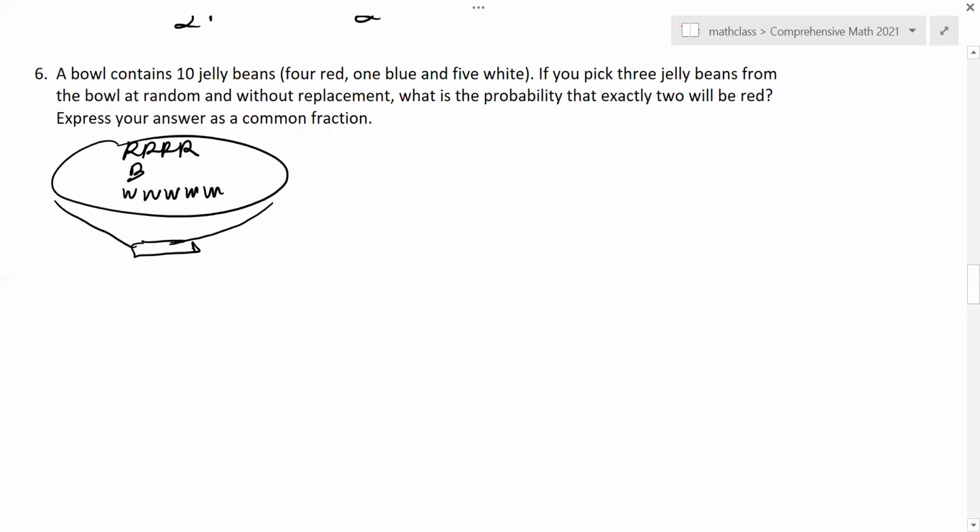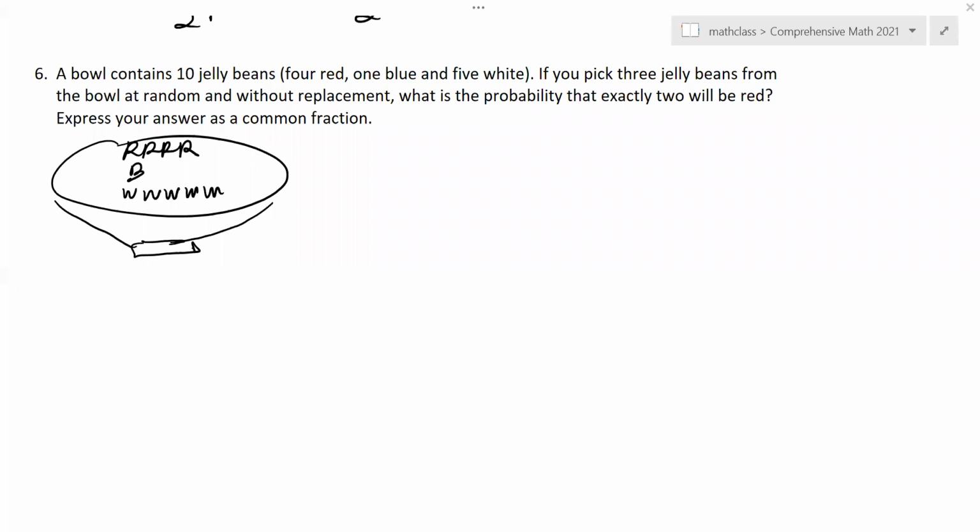So step 1, figure out the denominator. That's definitely what we have to do. The denominator is going to be, you're going to select 3 beans, and the order doesn't matter.